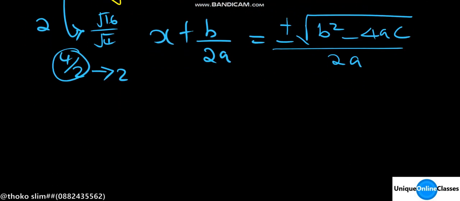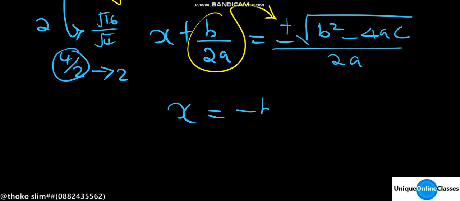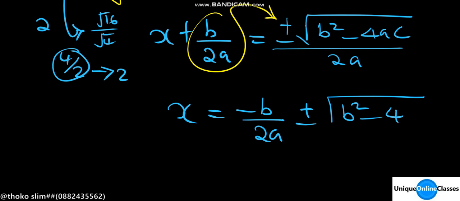And the next thing we need to do, since we are making x the subject of the formula, we're going to move this one to that side. So we remain with x is equal to minus b over 2a, then plus or minus the square root of b square minus 4ac, then divided by 2a.